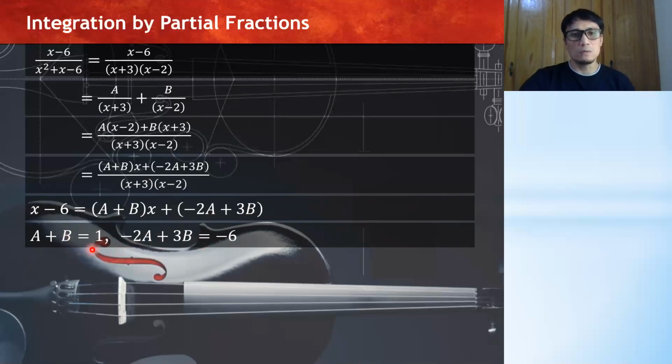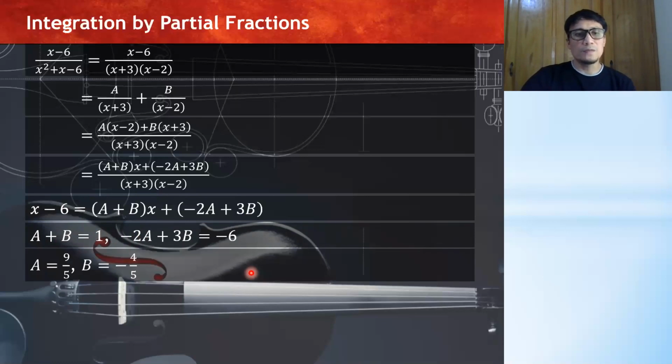I'm not going to discuss this in detail, but you can determine the values of A and B by elimination. Just multiply this by 2 here, so that A will be eliminated, and then you have 2B plus 3B is 5B. Then this will become 2, and 2 plus negative 6 is negative 4. So you'll have for the value of B, negative 4 over 5, and for the value of A, 9 over 5.